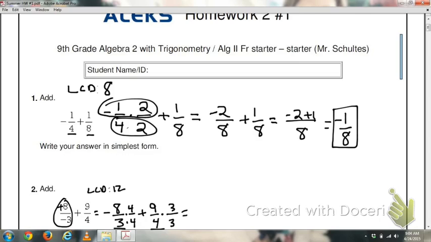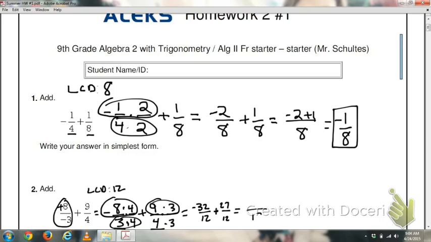So if we do the multiplication for the first fraction, I'm going to multiply -8 times 4, that's going to be -32, and then 3 times 4 is 12, plus, if I multiply these, 9 times 3 is 27, and then 4 times 3 is 12. Now that's great because they have the same denominator.